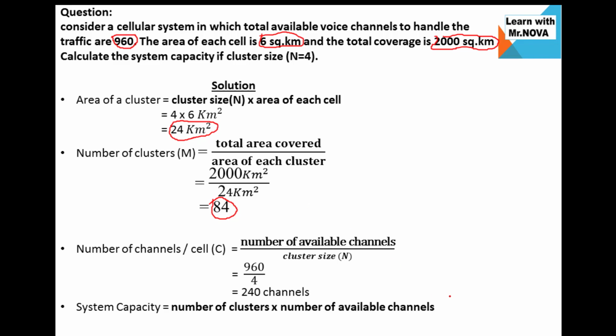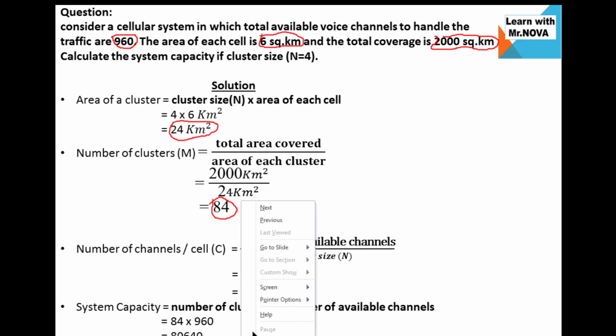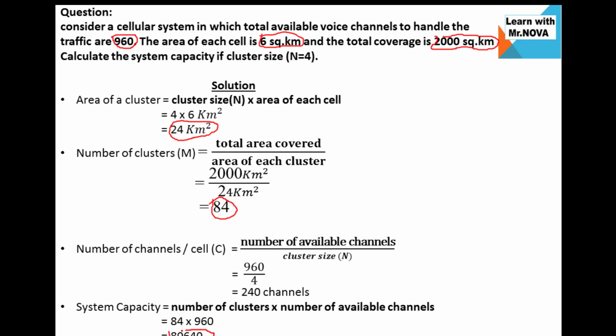So if we compute 84 multiplied by 960, we get the system capacity as expected from the question. This is the final answer that is required. So this is the system capacity: 80,640.